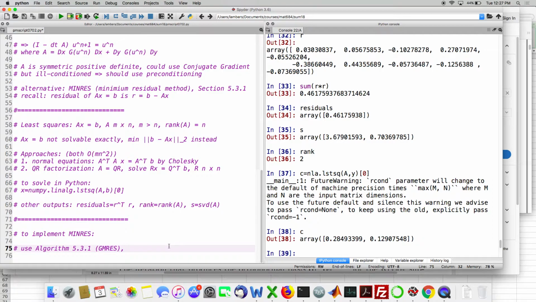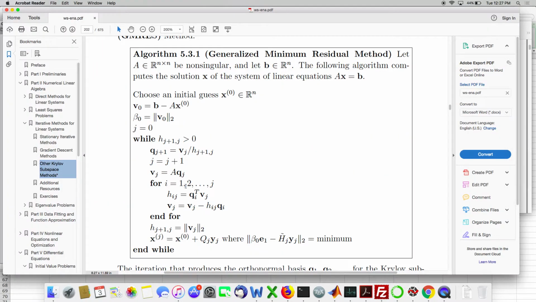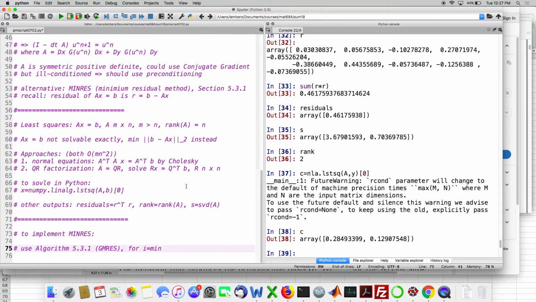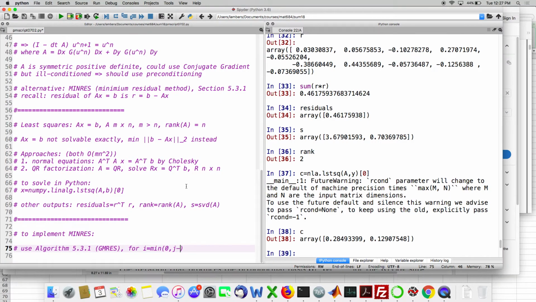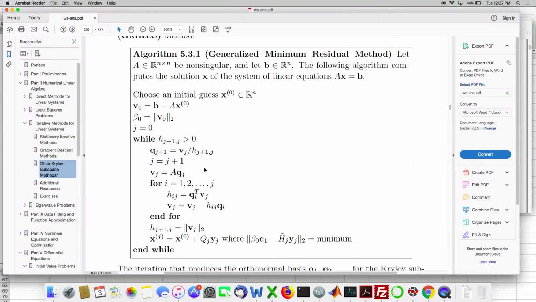But in the loop, i goes from the maximum of 0 and j minus 1 up to j, so you have to make sure it's a valid index. The point is, you have at most 2 terms in this for loop in the case of A being symmetric.